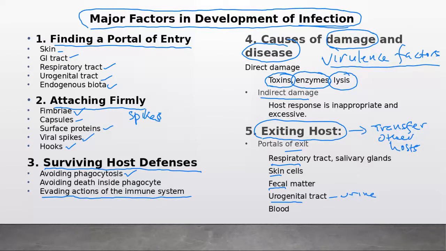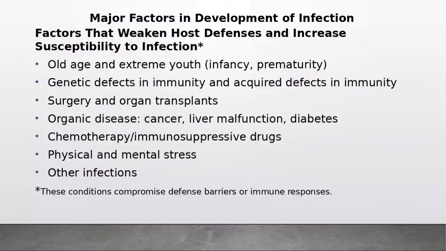So some urine may carry some microorganism, and then if it enters into the environment, it might be able to transfer to others, or maybe through blood. Okay, so blood that has microorganisms or disease in it can also be transferred to other hosts.